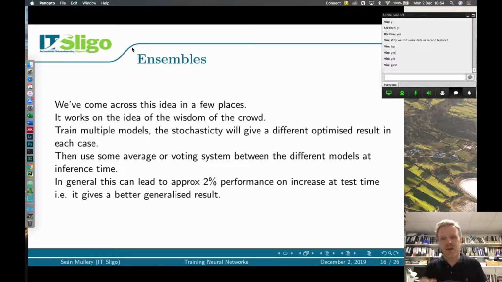They'll all give slightly different answers, but we'll take a vote of them. In general, this will lead to approximately a 2% performance increase at test time. I say approximately because it depends on how close we're getting up in the high values as to whether we get 2% or maybe something smaller. But in general, it can give you that little extra edge that, if you were trying to win a competition or otherwise, might make a difference.